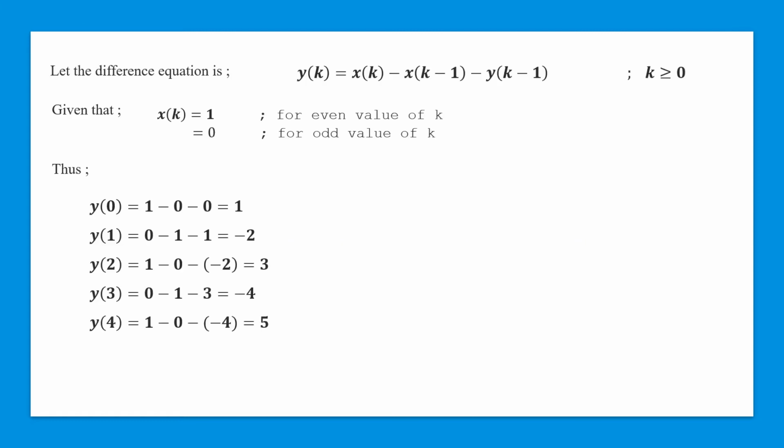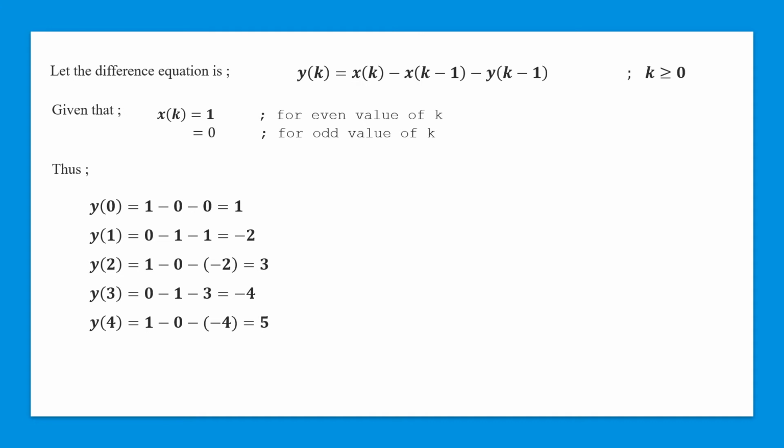The next method is the sequential procedure. This method is used to find the solution of the digital control system by digital computers. Let us consider a difference equation, y(k) is equal to x(k) minus x(k minus 1) minus y(k minus 1) for k greater than or equal to 0.